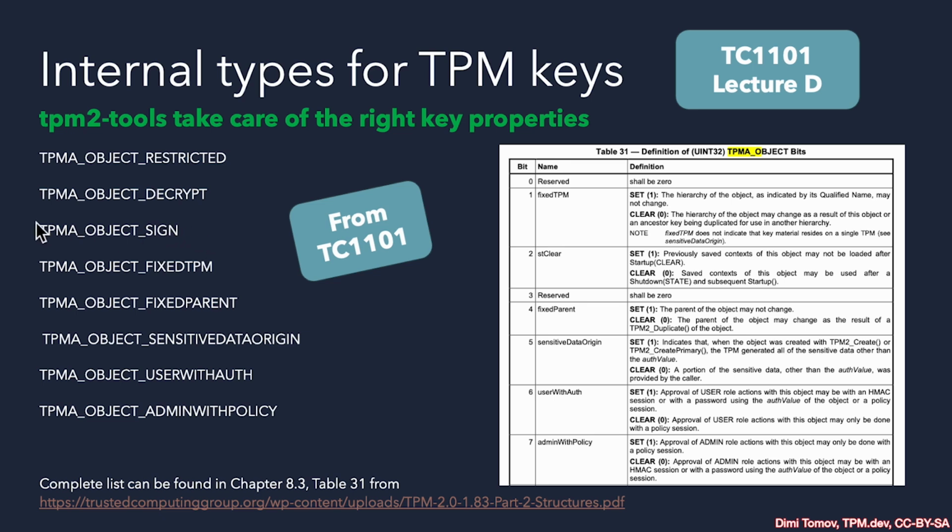And this is also important, you'll see in our next lectures when talking about the endorsement key, that if we use the TCG templates, then the TPMA_OBJECT_SIGN attribute is not allowed. And I really encourage to take a closer look on the specification.